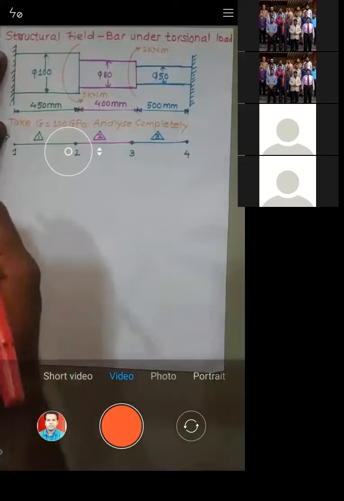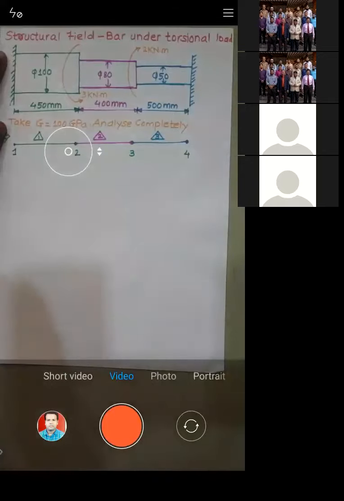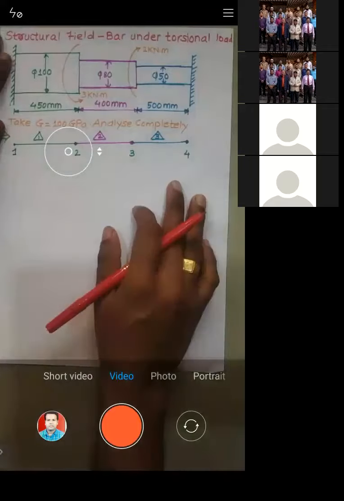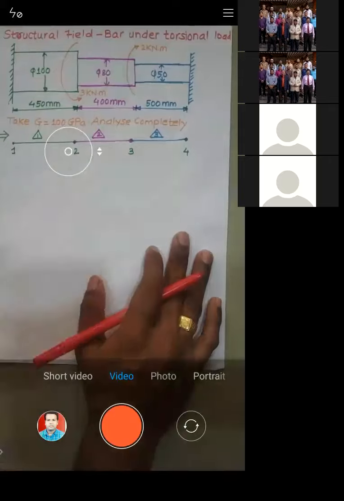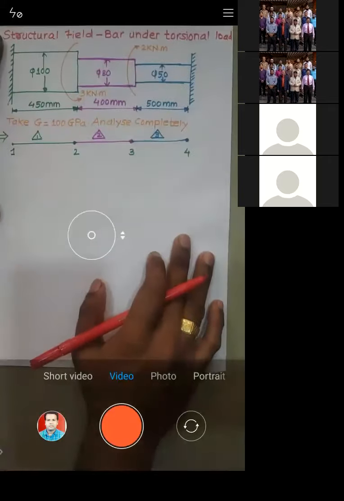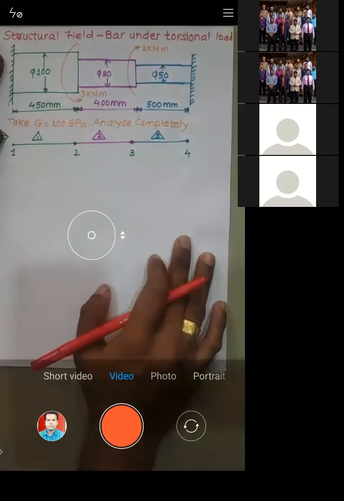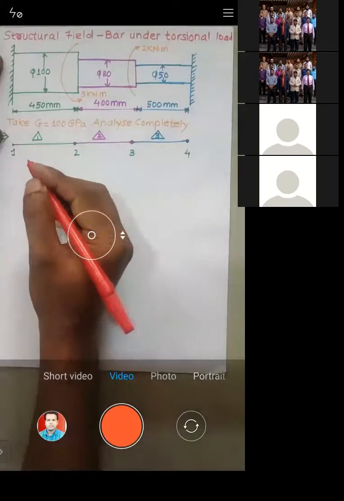When we have a bar under axial load the formula will be different, and when we have a bar under torsional load, obviously the formula will be different. In the very first lecture I told you about the EMEs, element matrix equation, for all the fields.